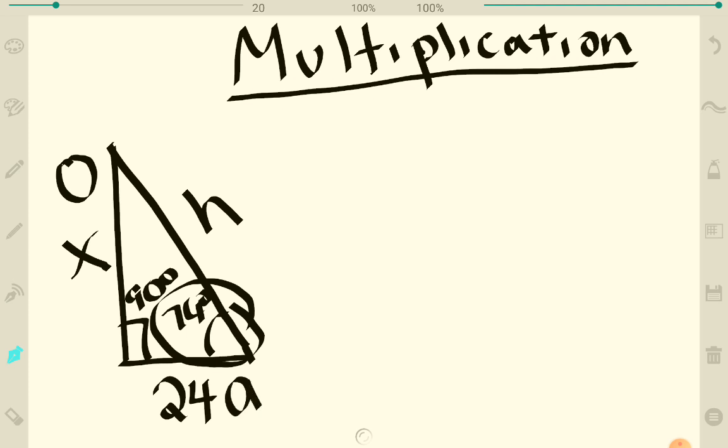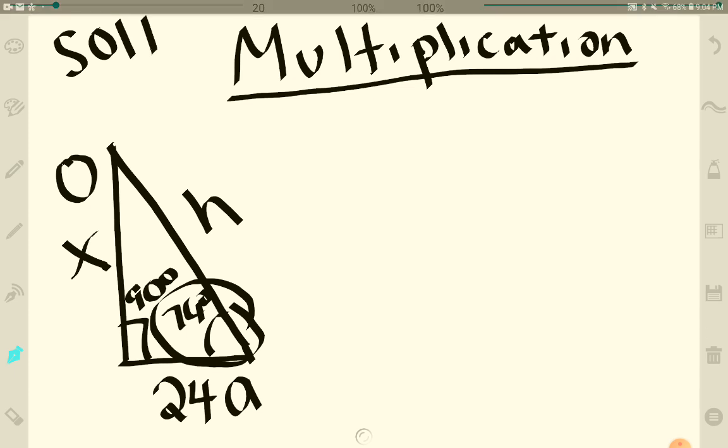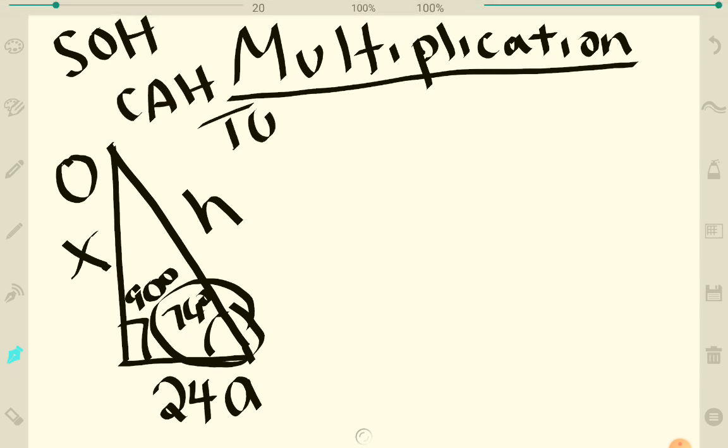So if we use our SOHCAHTOA, we can try to find what trig function we'll be using. In this case, the only one that includes opposite and adjacent is TOA.